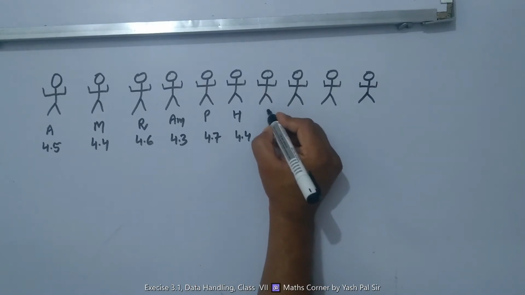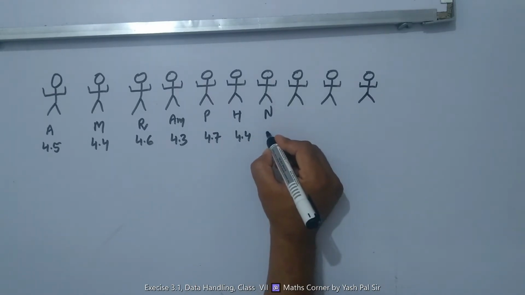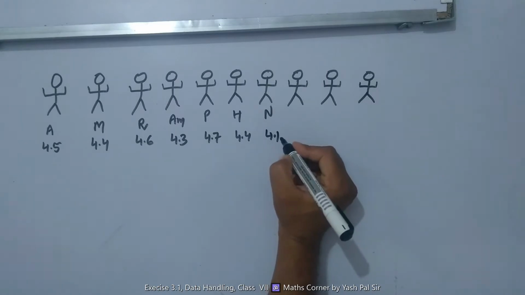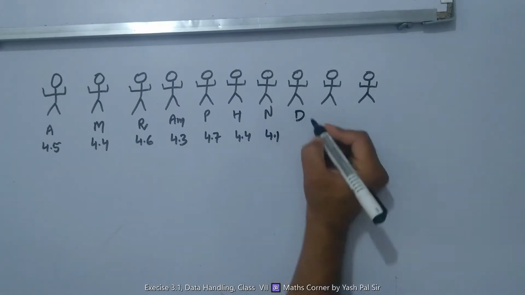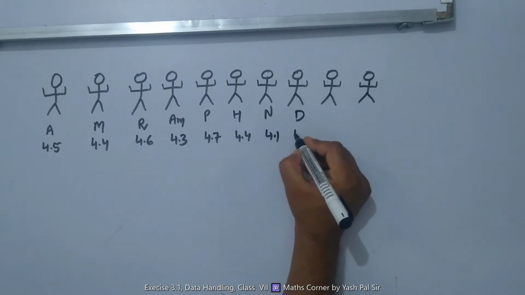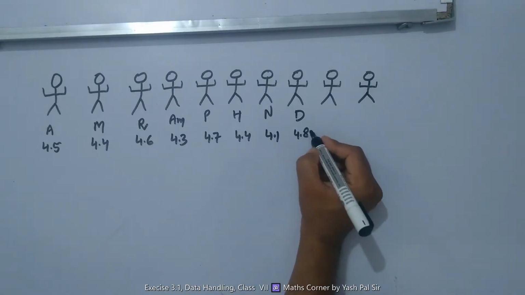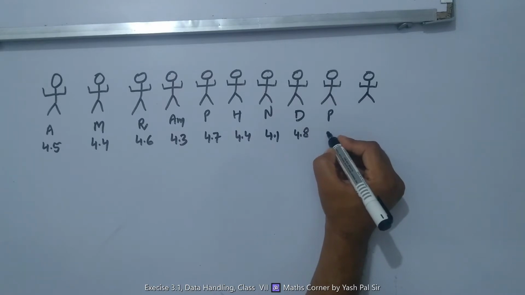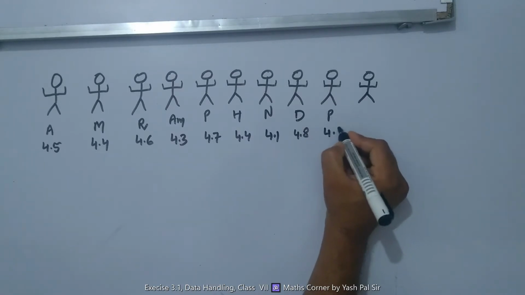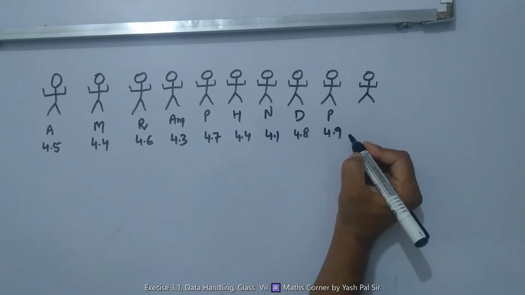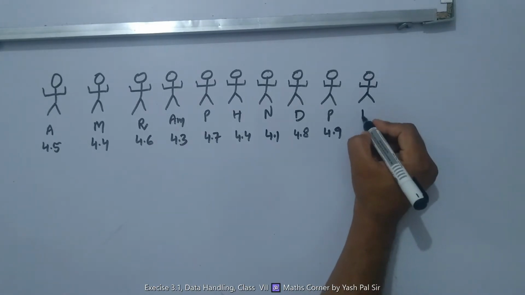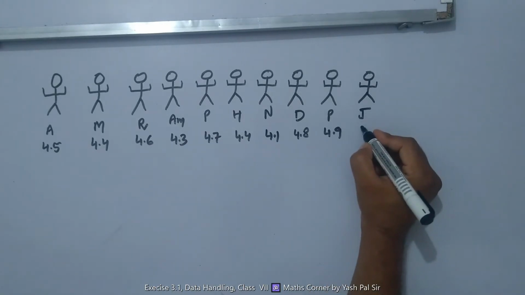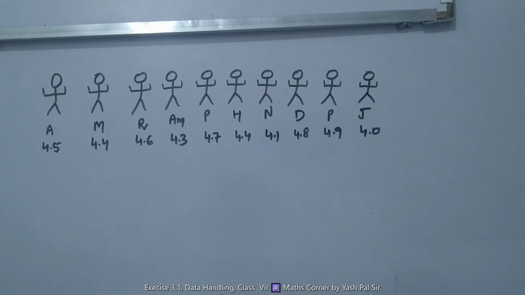Suppose height of Nitika is 4.1. Diya, suppose height of Diya is 4.8. Parneet, suppose height of Parneet is 4.9. Jaspreet Kaur, suppose the height of Jaspreet Kaur is 4.0.